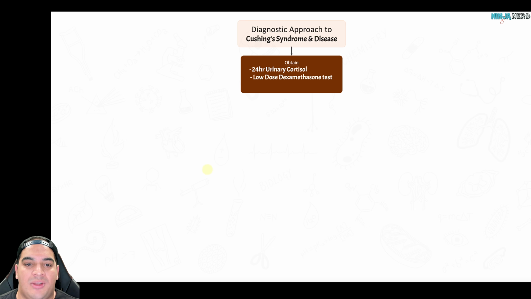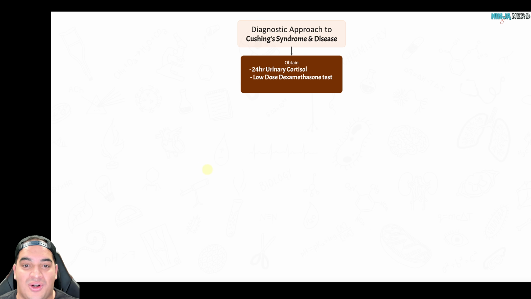The other one is I want to do something called a low-dose dexamethasone test, maybe like 1 milligram of dexamethasone. It's basically a steroid. It's a little bit of cortisol. What it'll do is, in normal individuals, normal patients who don't have Cushing syndrome or disease, it'll suppress the anterior pituitary, tell it to stop making ACTH, tell the adrenal cortex to stop making cortisol. And their cortisol levels should be low.